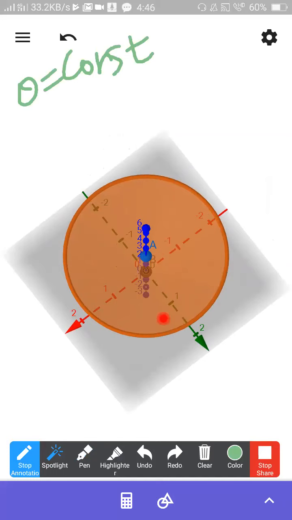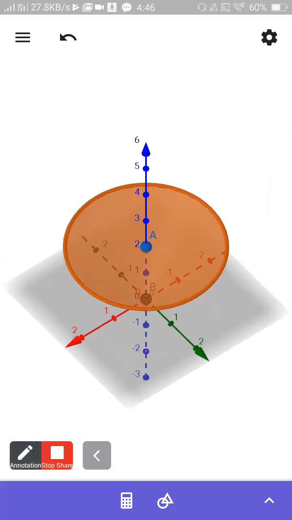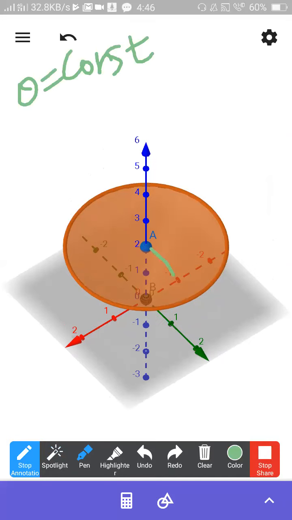Please see, if I am trying to measure the angle from this to a point on the surface, you take any point on the surface of the cone and measure the corresponding angle. Definitely it will be the same theta only. It will not vary. You take any point.